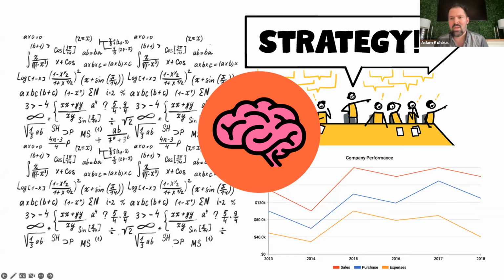So a lot of times, especially with clinicians, who have some of the driest PowerPoints on earth, they've got all the black and white and they've got the brain in there for sure. They've got the strategy. But if they don't have kind of the heart or the eyes, it's tougher to tell that story. So I think we've done a pretty good job in healthcare of addressing the brain and the strategy and the data and the ROI and all of that kind of more concrete black and white stuff.